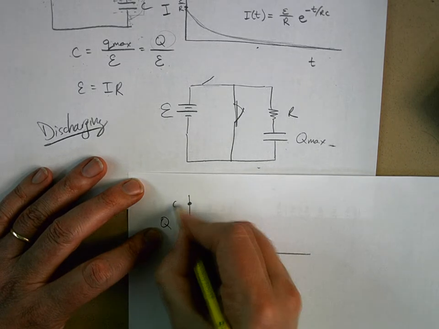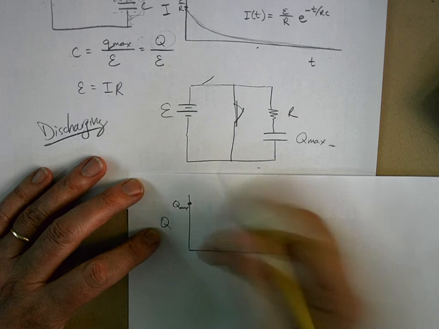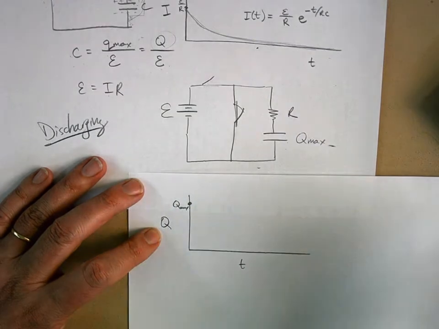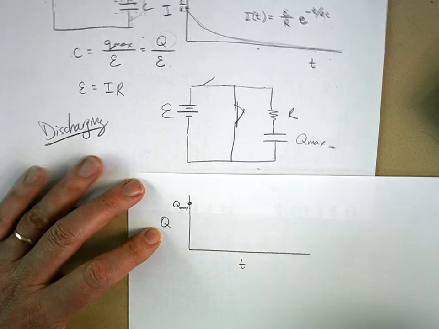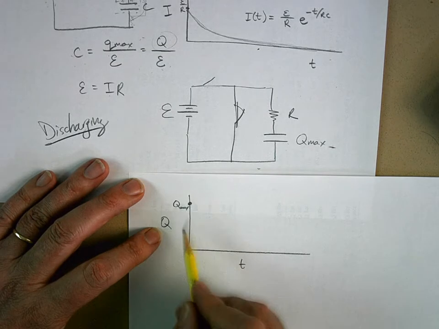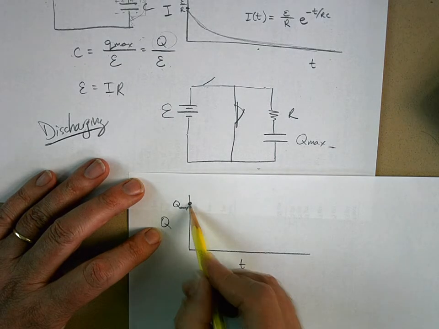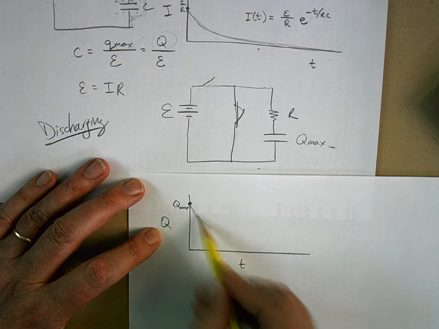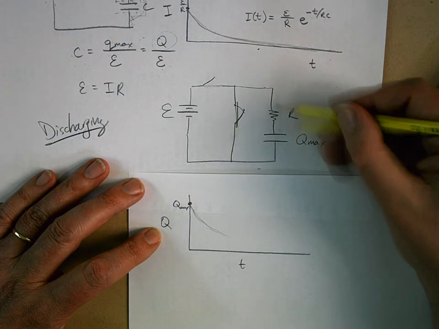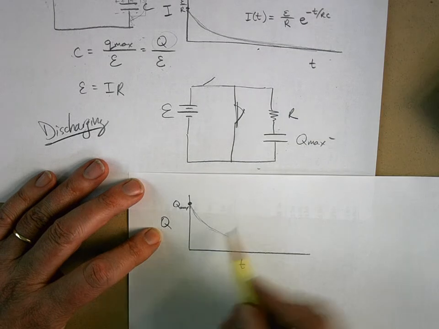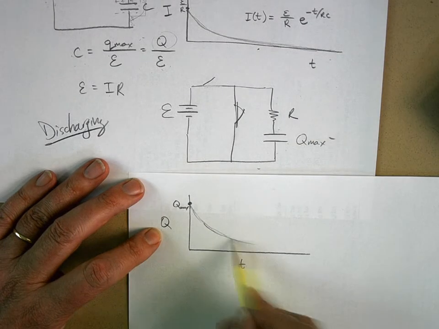Now maybe Q max is C times E from a previous problem, or maybe I just give you the maximum. And this is going to decrease very rapidly, but then as it discharges, it has less voltage to push charge through that resistor, and so the current decreases. And it looks like this.